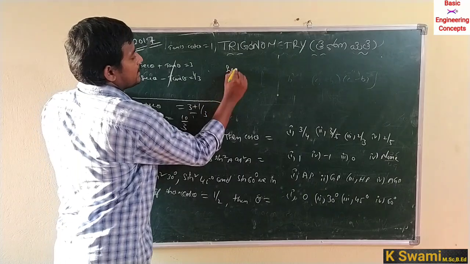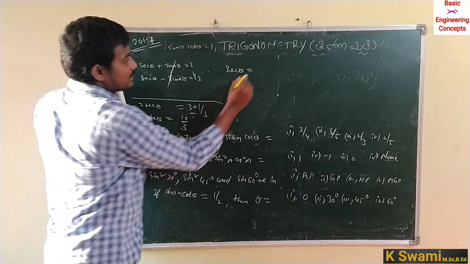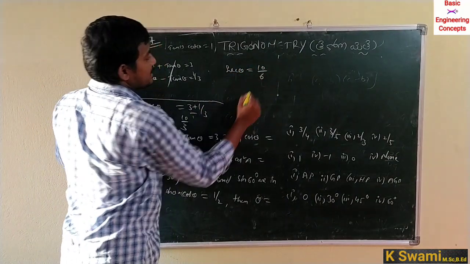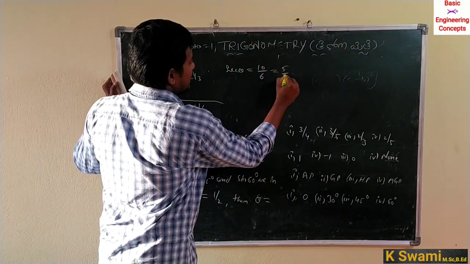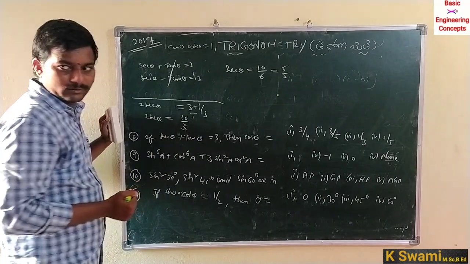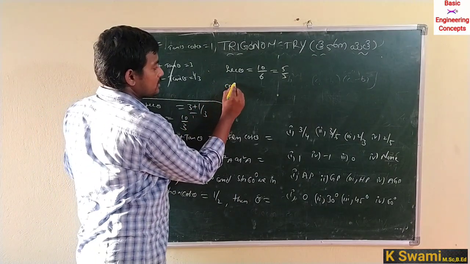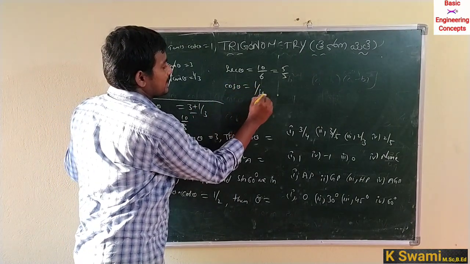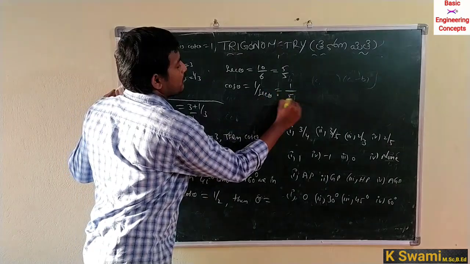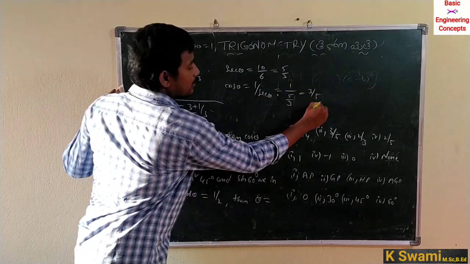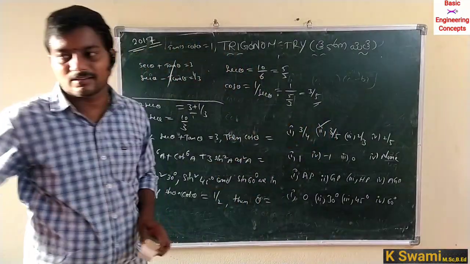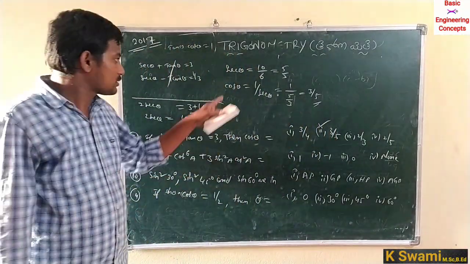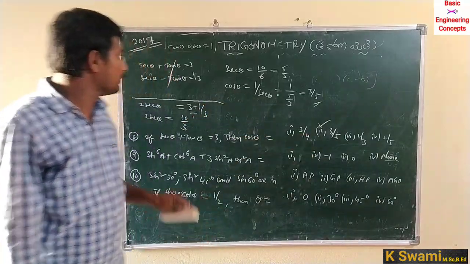Finally, secant theta is equal to 10 by 6, which is 5 by 3. We know that cos theta is equal to 1 by secant theta, that is 1 by 5 by 3, which is equal to 3 by 5. So the second option is the correct answer, because cos theta is equal to 3 by 5.